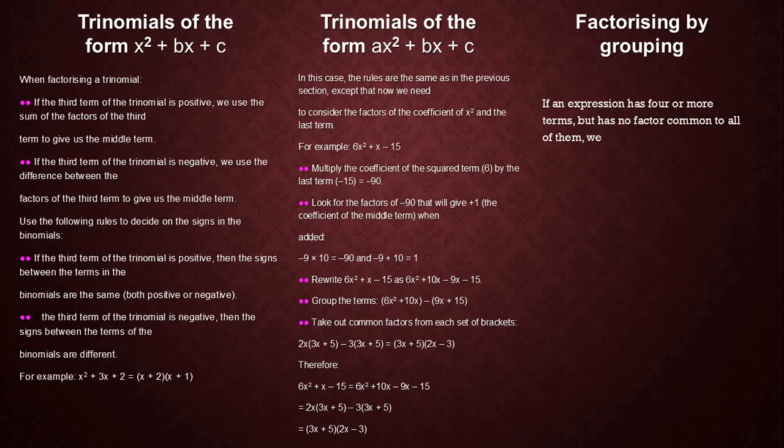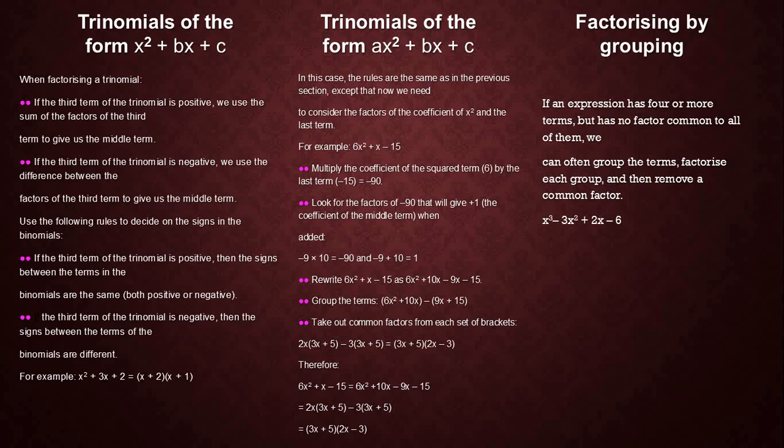If an expression has got 4 or more terms, but has no factor common to all of them, then we can often group the terms, factorize each group, and then remove a common factor. I'll repeat this. If an expression has got 4 or more terms, but has no factor common to all of them, then we can often group the terms, factorize each group, and then remove a common factor.